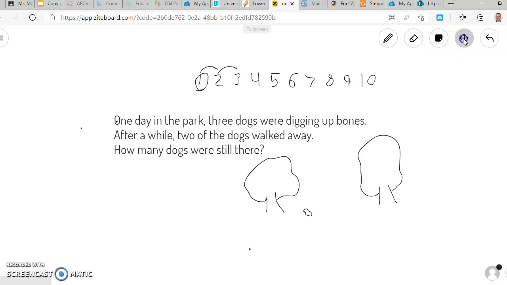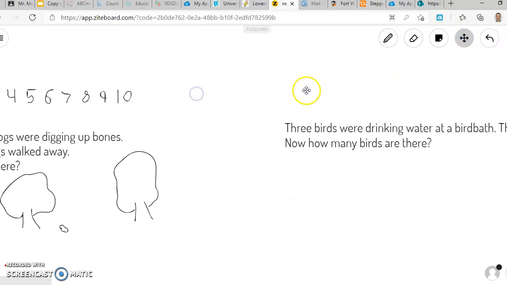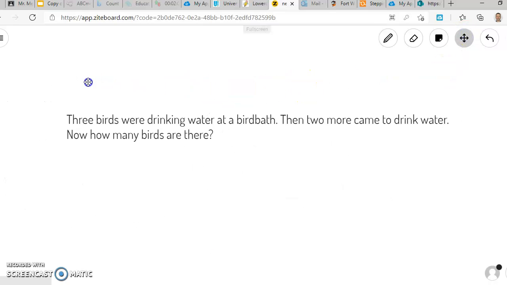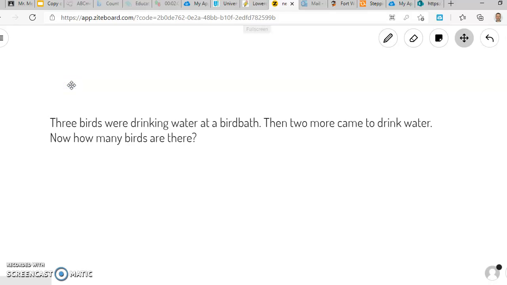Now here's our next word problem. Let me go ahead and move this over here. Here it is. It says 3 birds were drinking water at a bird bath. Then 2 more came to drink water. Now how many birds are there? All right, boys and girls. So let's first of all go ahead and draw a bird bath.